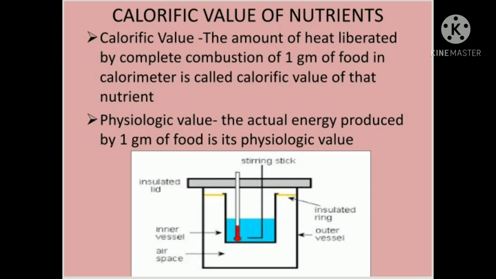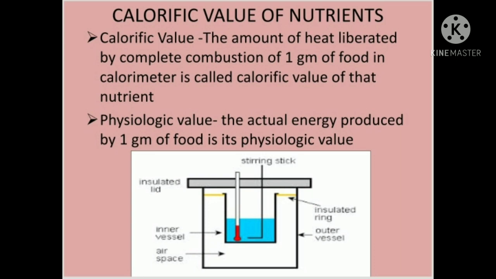The amount of heat liberated by complete combustion of 1 gram of food in a calorimeter is called the calorific value of that particular nutrient. The nutrient can be anything, it can be fat, protein, or carbohydrate.